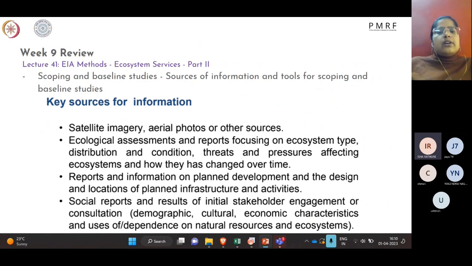And then you need to specifically focus on reports which cover the particular ecosystem type, the distribution and conditions which your project is impacting, and then the threats and pressures which are affecting the ecosystem and how they have changed over time. So you can look up the particular type of ecosystem which your project is affecting and look up similar studies or assessments done by different agencies who work in the ecosystem services domain.